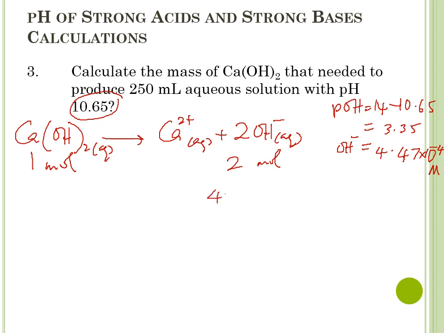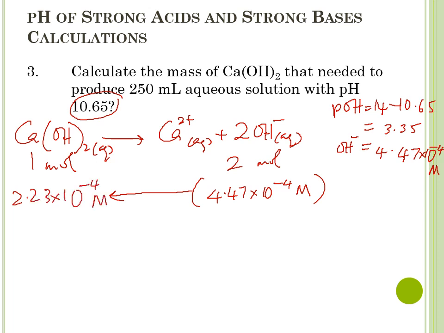So we have 4.47 times 10 to the power of negative 4 molar over here. How much of calcium hydroxide would be produced from this much of OH-? Divide by 2, it is 2.23 times 10 to the power of negative 4 molar.